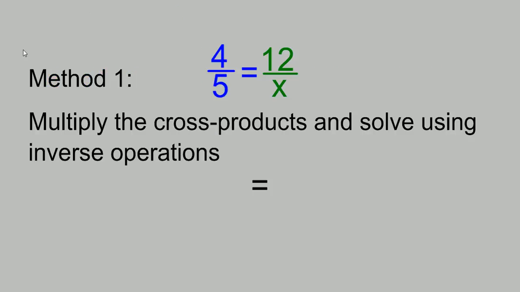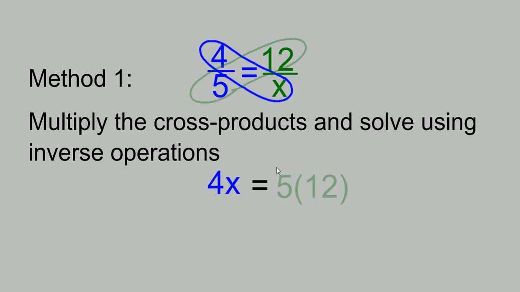The first method is the foolproof method. You multiply the cross products and solve using inverse operations. So let's examine this method here. If we multiply the cross products 4 times x, we get 4x. And when we multiply the cross products 5 times 12 here, then we get 60.